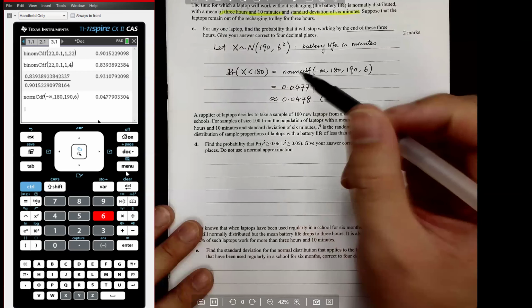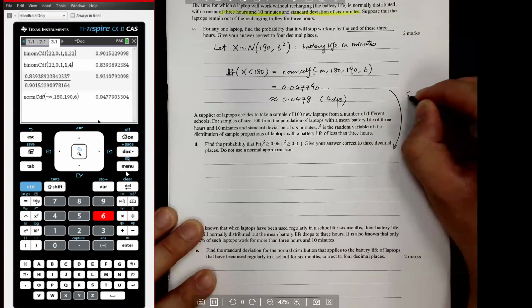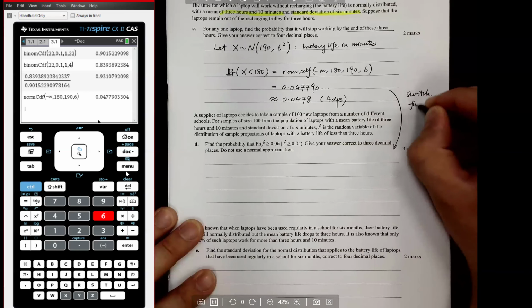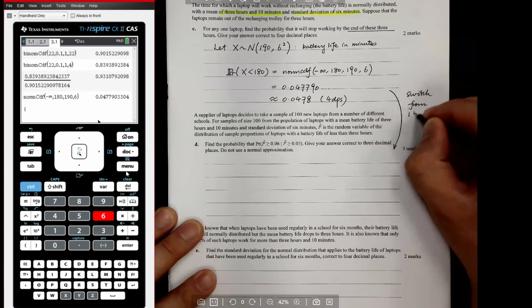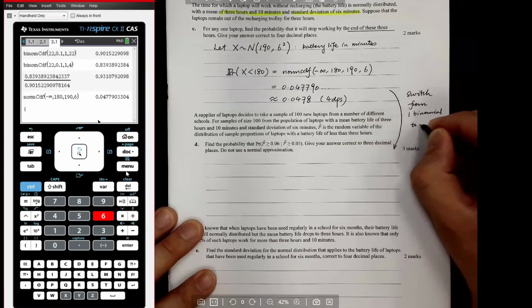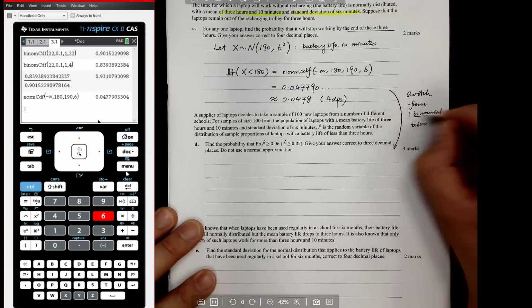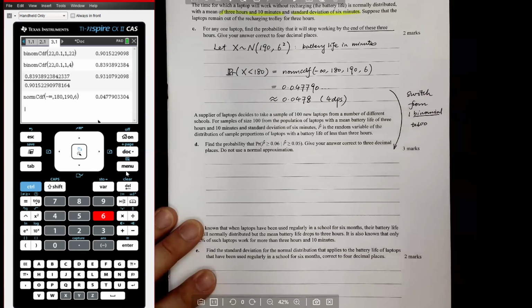This part is a switch from one Bernoulli to 100. Actually, I should say Bernoulli sequence, Bernoulli random variable.